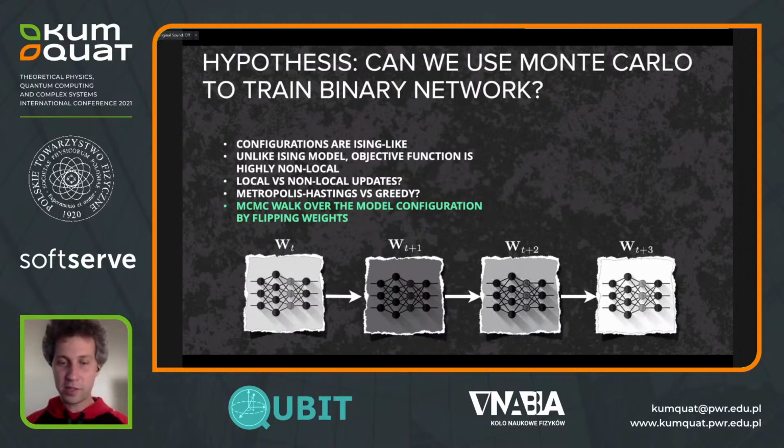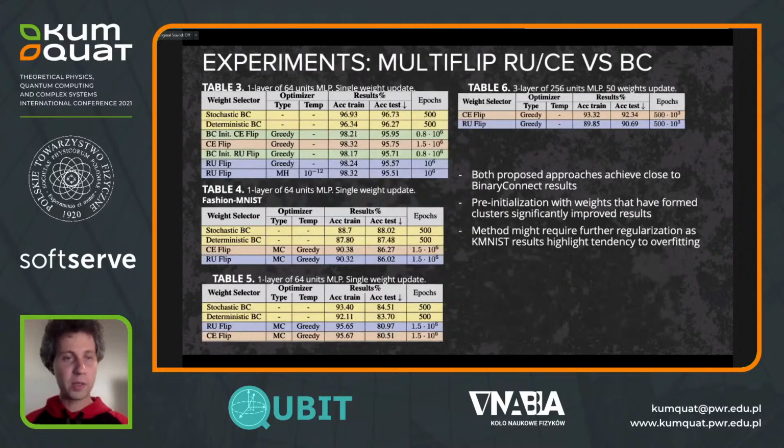Let me jump into those results. First I want to showcase that if you use no clustering, we already have good results which are comparable to BinaryConnect. You see 88% versus 90, or 93% versus 95, which are good results.